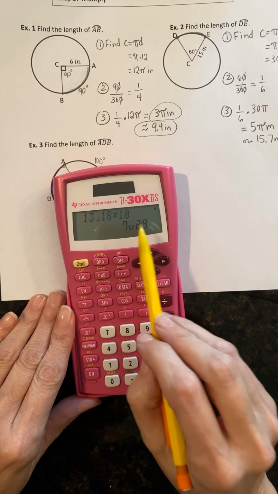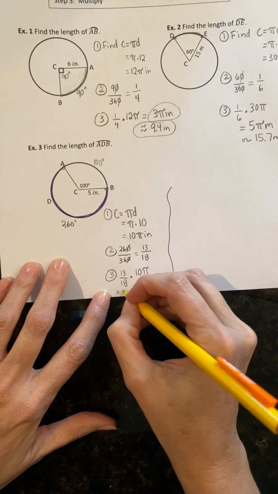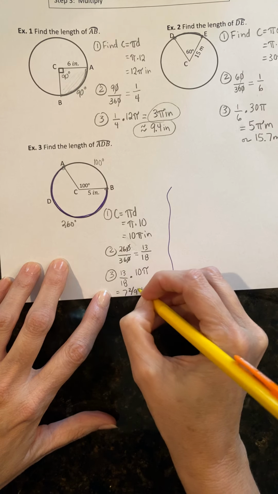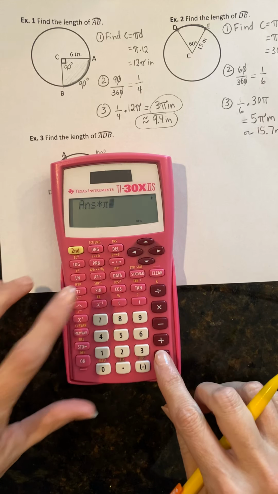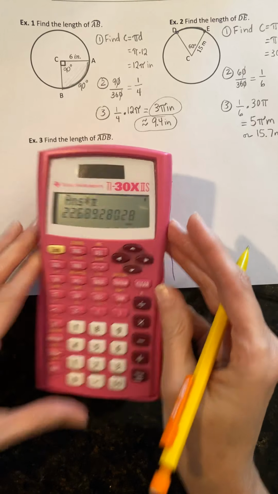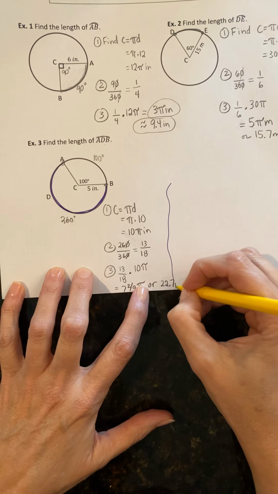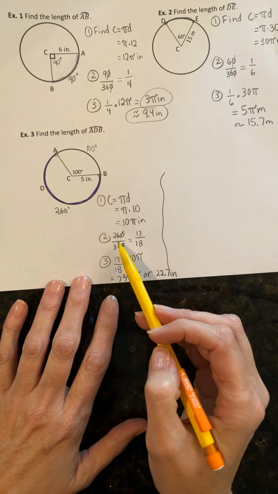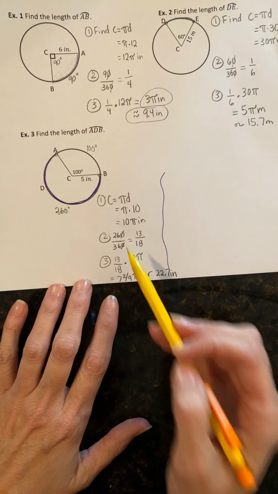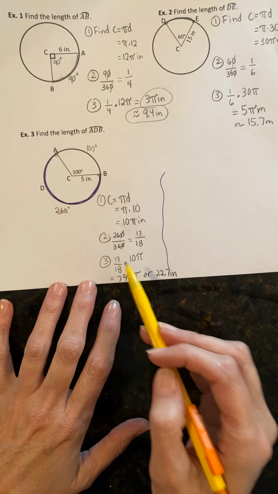So 7 2/9 pi. 7 2/9 pi, or multiply that by pi. 22.7 roughly. 22.7 inches. Okay, so you find the whole circumference, the fraction of the circle, the part of the circle that arc is, and then you find that fraction of the circumference.